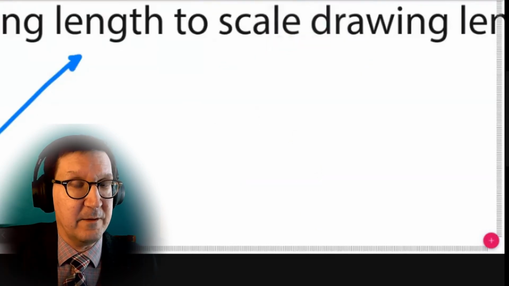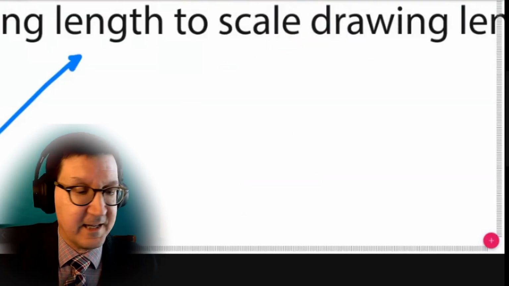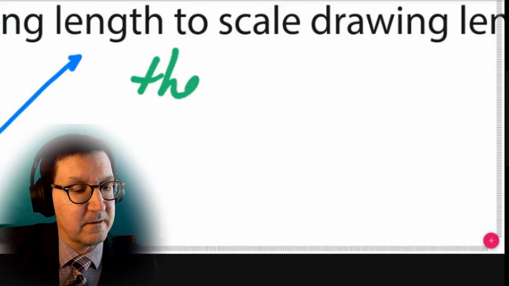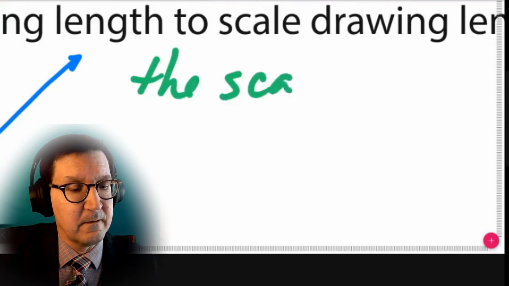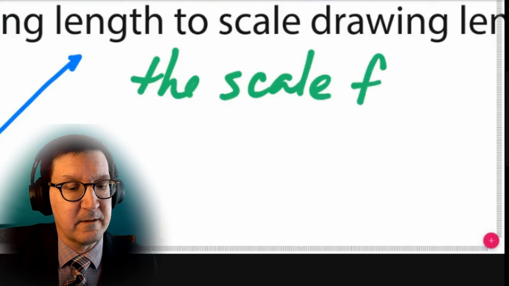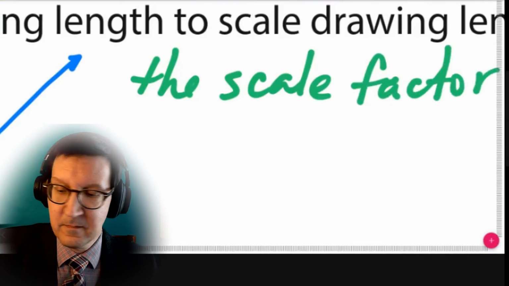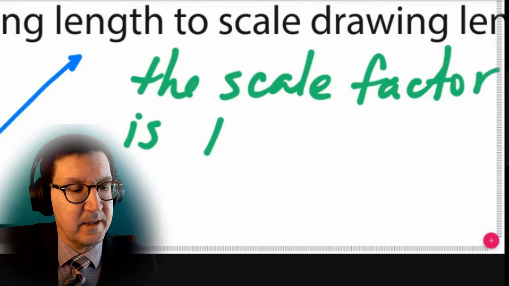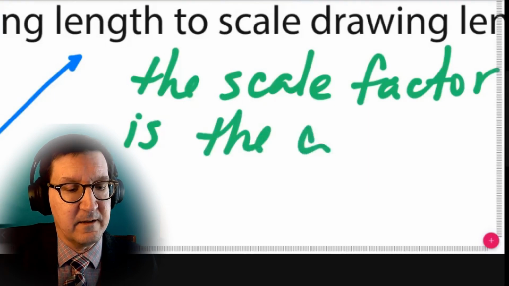So why would that be? Well, you could say that the scale factor, when you're making a scale drawing, is the constant of proportionality.